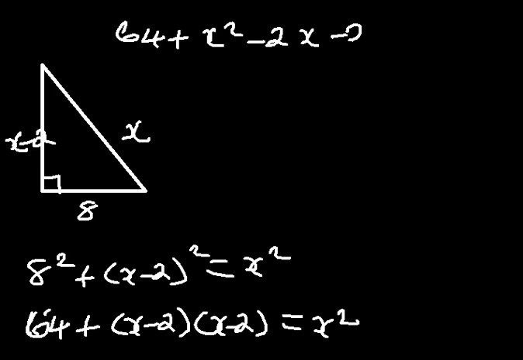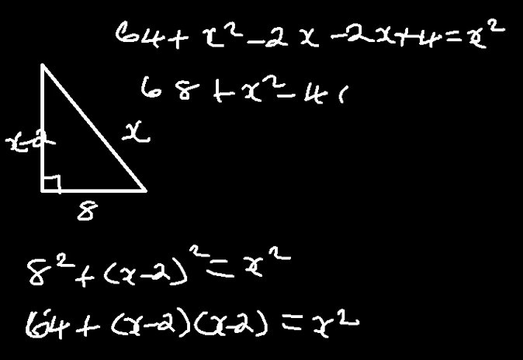You also have negative 2x and plus 4, having x times x, x times negative 2, negative 2 times x, and negative 2 times negative 2. We'll have it as that, and that should be plus 4, which is equal to x squared. So now having the like terms, 64 plus 4 will be given as 68, and plus x squared minus 4x.